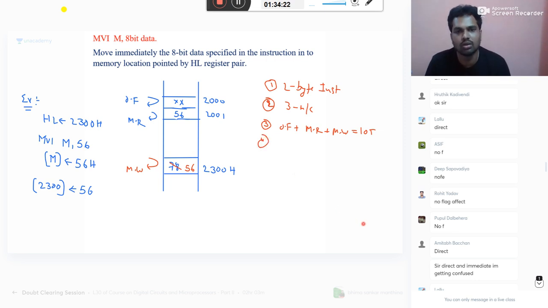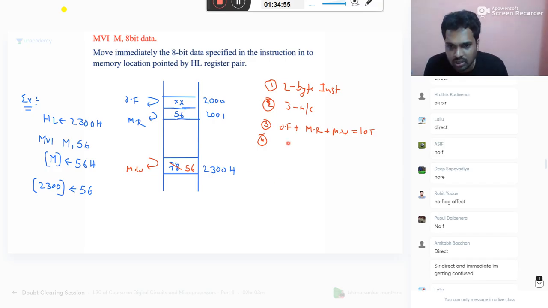What is the addressing mode? I forgot. Here two are there. Immediate is there and HL is used. HL is used, so the pointer concept is also there.